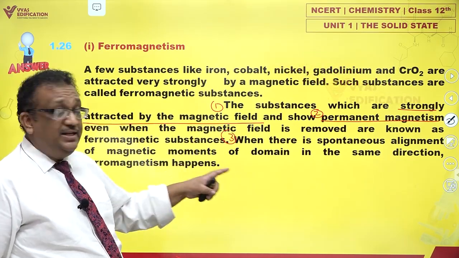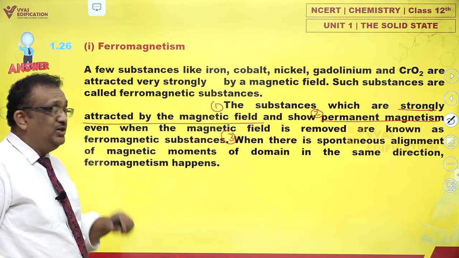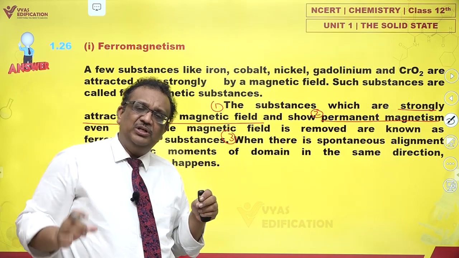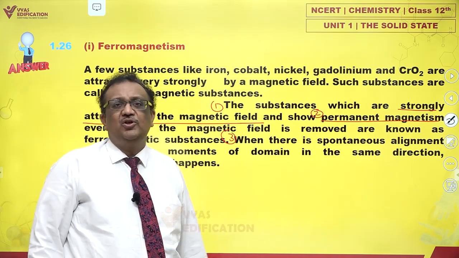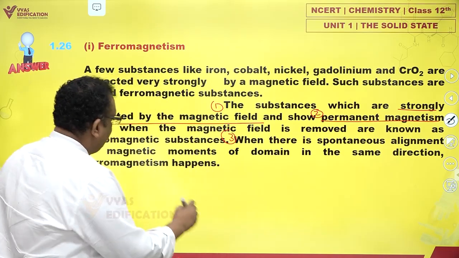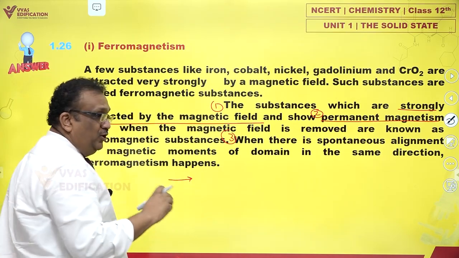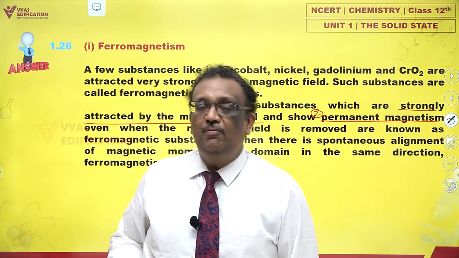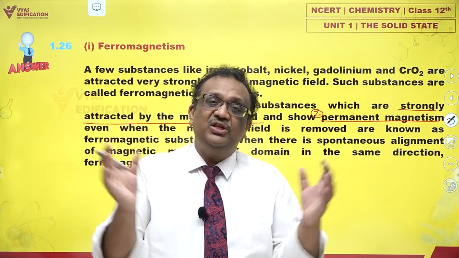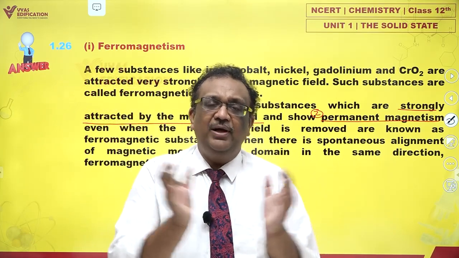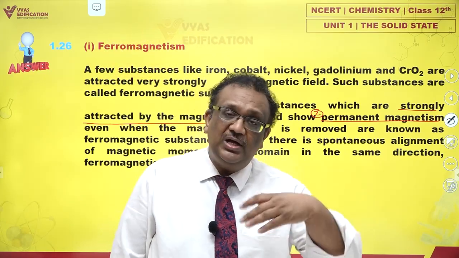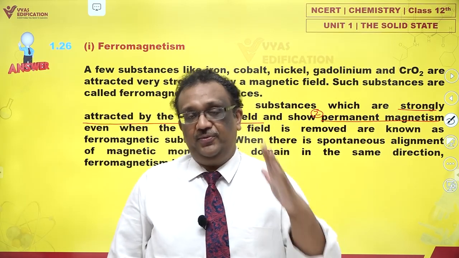when there is spontaneous alignment of magnetic moments of domains. Each solid has certain small portions, some collection of atoms, which are called domains. Each atom functions as a very small magnet, and a collection of such atoms, maybe say 1 million atoms combined together, gives you a domain, and all those atoms have magnetic fields only in one direction.